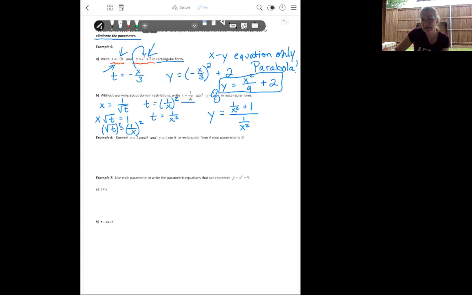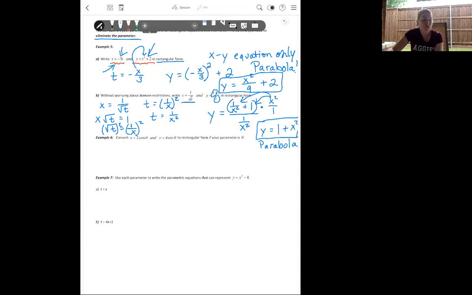Simplifying this, anytime I divide by a fraction, that means we multiply by the reciprocal. So when we multiply by the reciprocal and distribute that throughout, 1 over x squared times x squared is 1, plus 1 times x squared is x squared. That is our rectangular equation for that set of parametrics. And once again, that is a parabola.